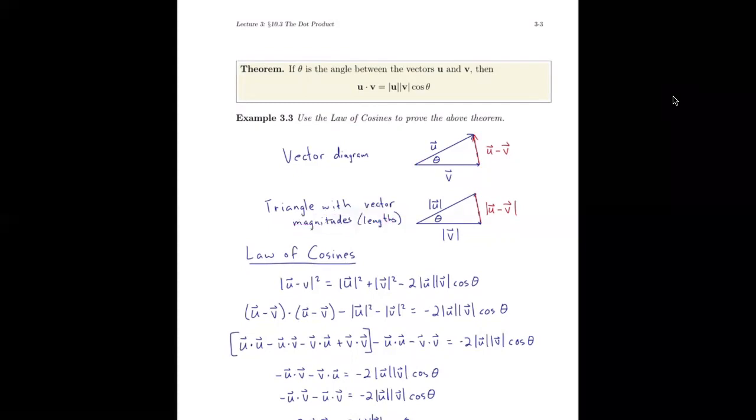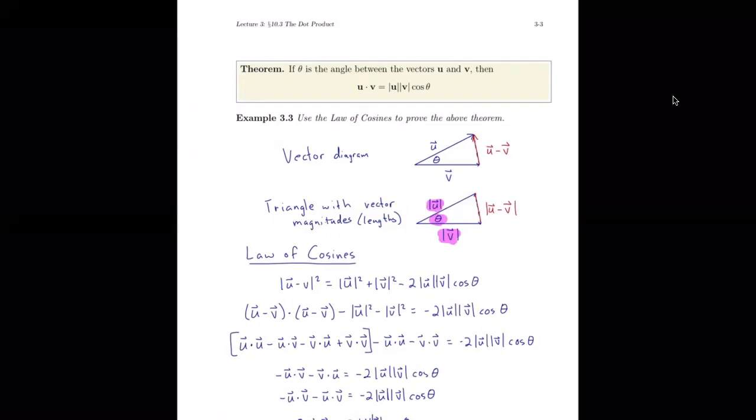Well, the length of this side is the magnitude of u, and similarly, this one's the magnitude of v, and over here we have the magnitude of u minus v. Well, we remember the law of cosines tells us that this length squared plus this length squared minus 2 times the length of u times the length of v times cosine theta, right?